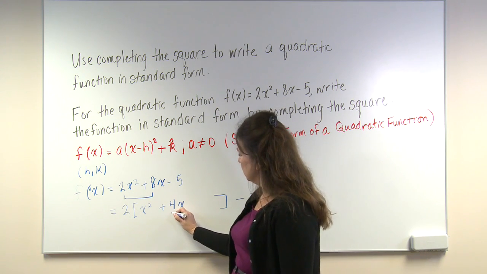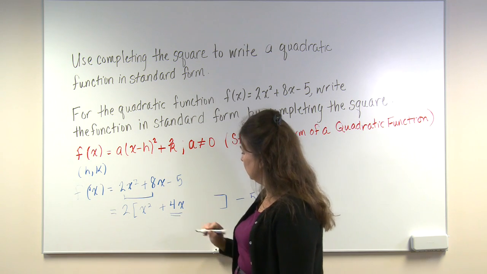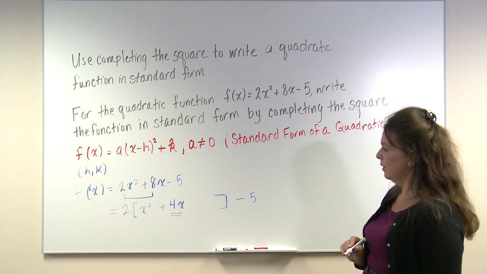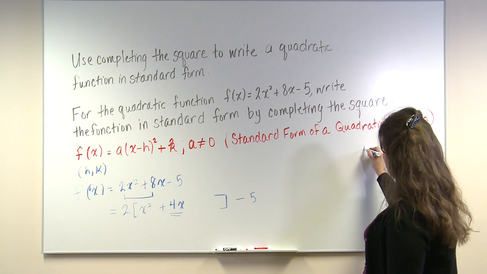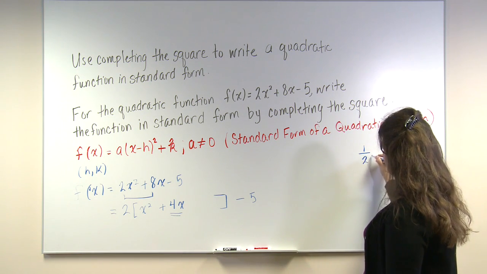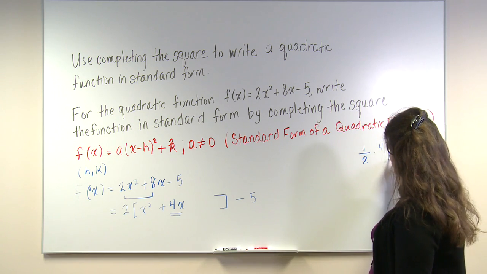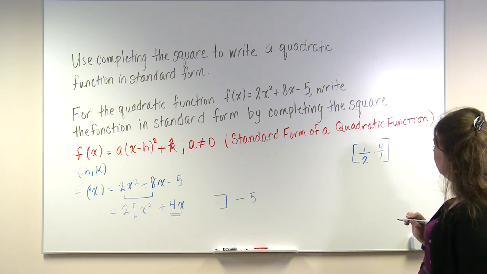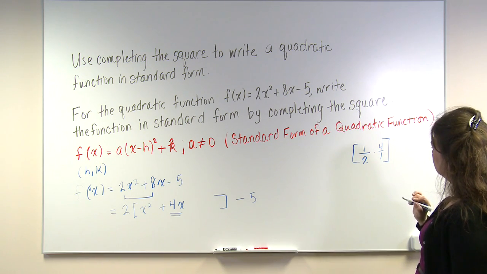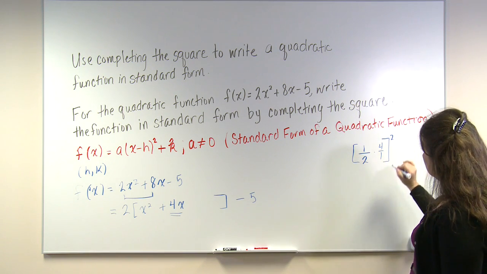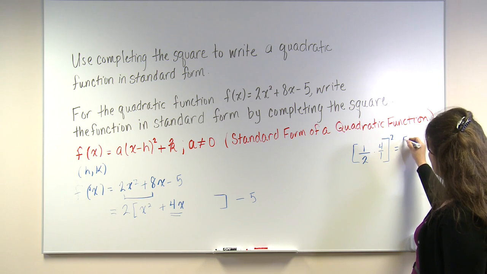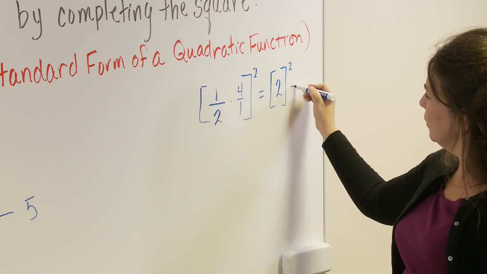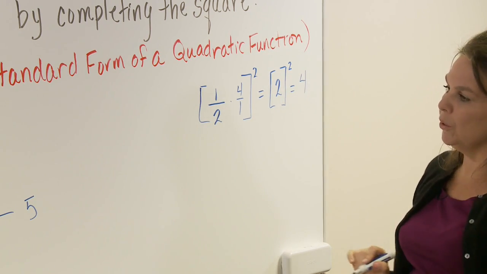So I'm going to look at the linear term and take half of 4. Half of 4 is 2, and then 2 squared is 4.